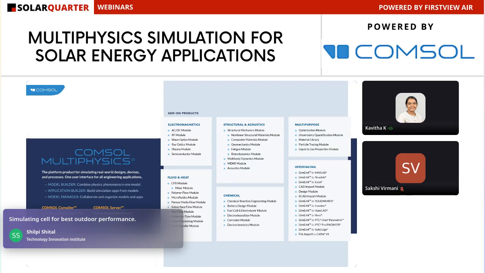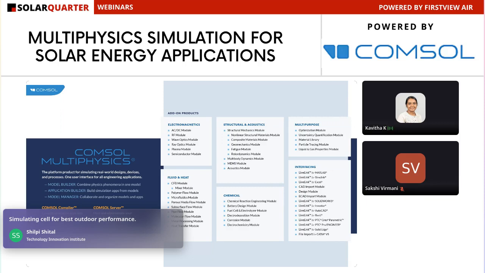Yeah. So there is another question related to simulating a cell for best outdoor performance. Yes, this was also one topic that we had taken today. We wanted to see how, in real time, we could launch the solar rays and see the efficiency of the photovoltaic cell at the PN junction level itself.